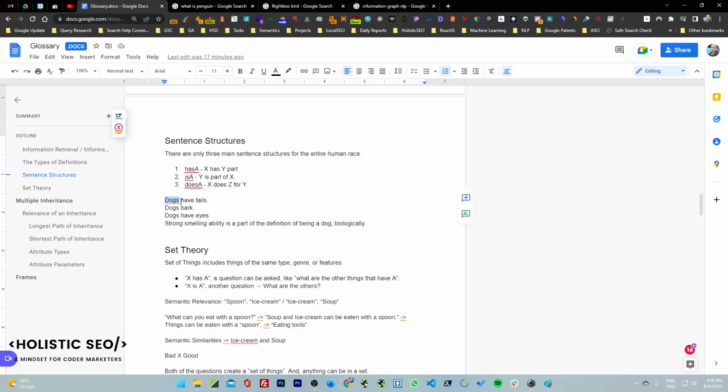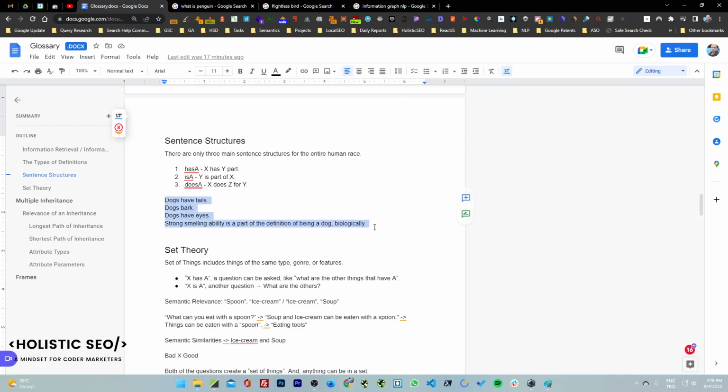When you look at the word dogs, there are always limitations that can appear after the word dog as a predicate. A dog can bark, let's say. At the same time, a dog has eyes, has a tail, or has a strong smelling ability, which is part of the definition of being a dog, biologically.